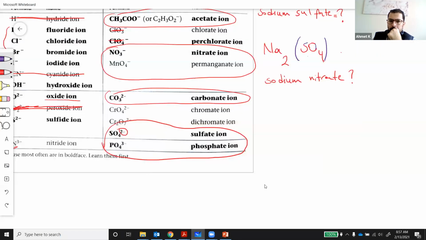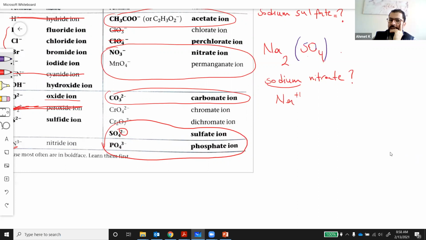Anybody? NaNO3. So sodium, we already saw sodium, and it is a +1 charge.